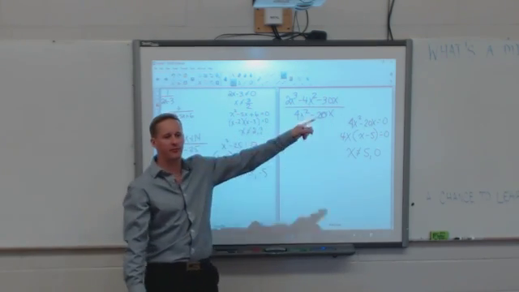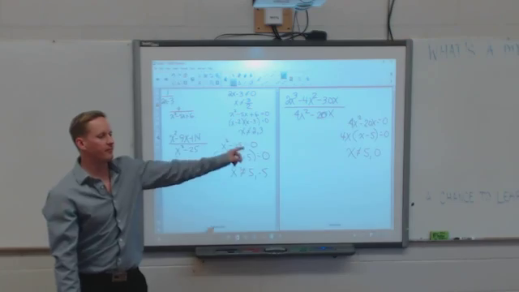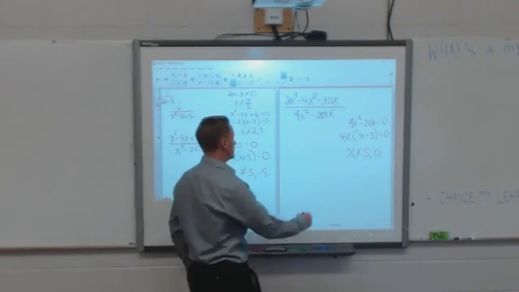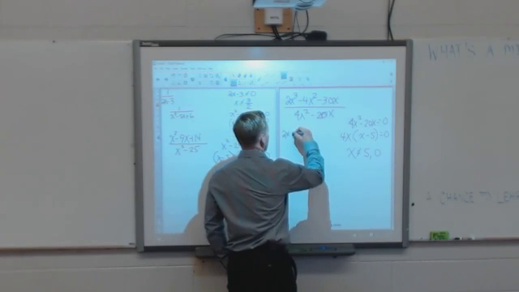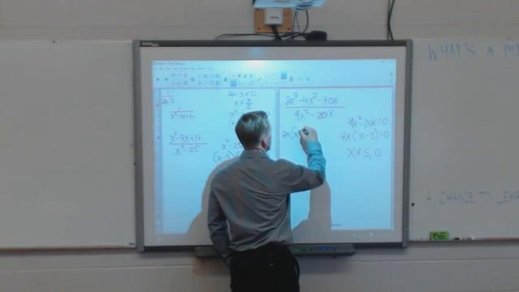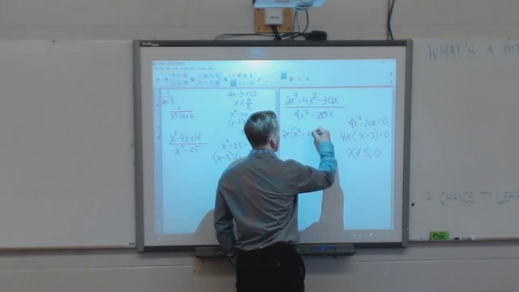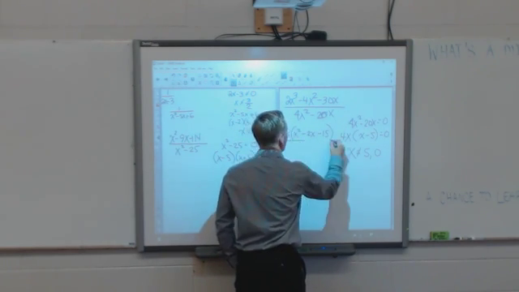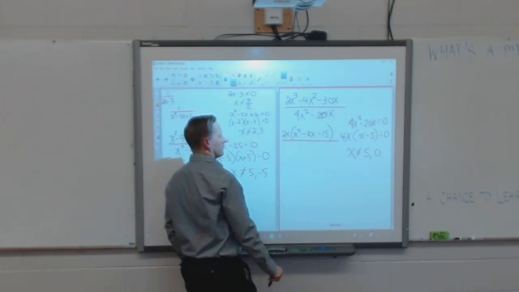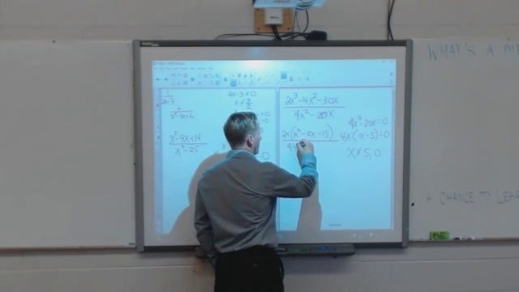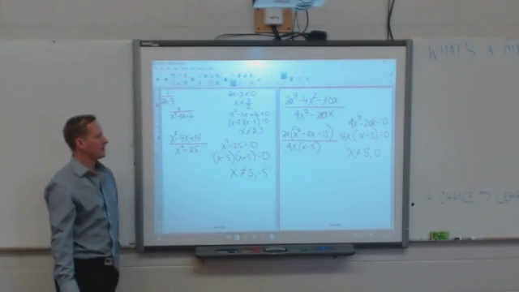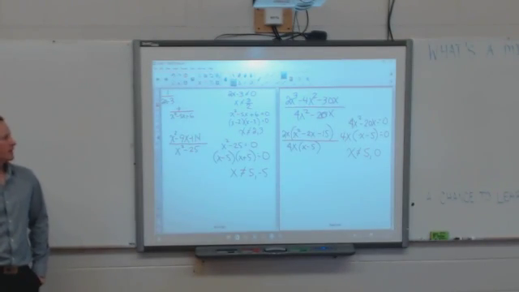So let's break this down. What's the very first thing I look for? Greatest common factor. What's the greatest common factor in the top? 2x. So let's take a 2x out. That leaves me with x squared minus 2x minus 15 over my bottom, 4x times x minus 5. Can we factor x squared minus 2x minus 15?